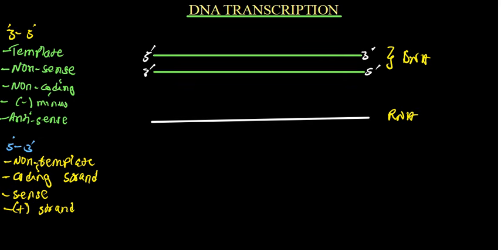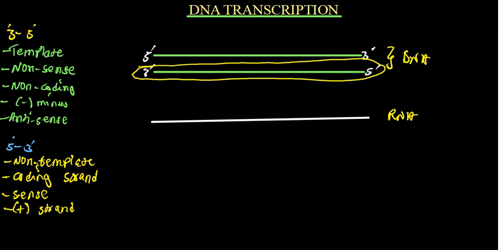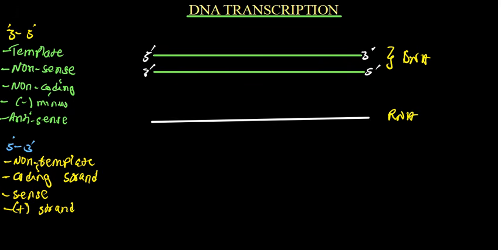Whereas the template strand just contains the information about the coding strand. One thing you are going to observe is that the bases, the sequence on the sense strand, are going to be the same as those on the RNA.